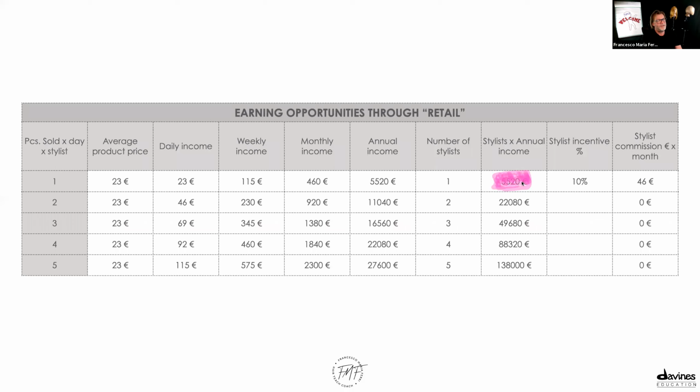I'm writing beside it another number, let's say 3,000. At the end of the year, I made 3,000 from retail. Now this means that this will affect that, and I'm going to get 30 euro.